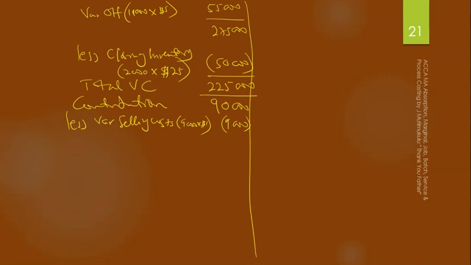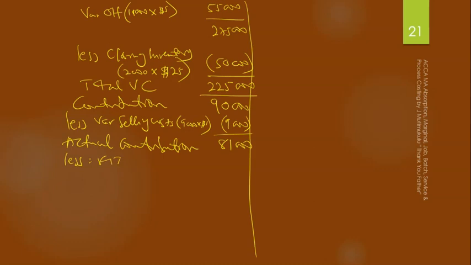Here we can also do the same, and we adjust our contribution to come to the actual contribution, because the variable selling cost would also need to be deducted, and we then arrive at our actual contribution of 81,000.